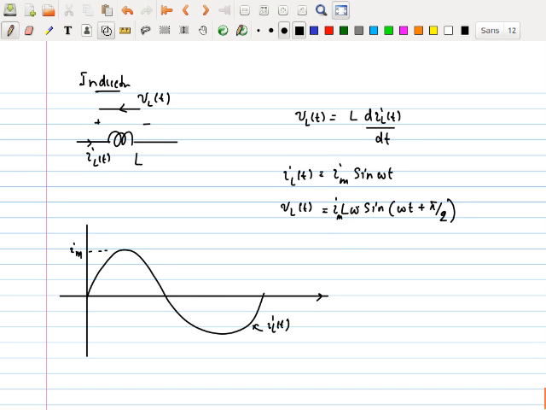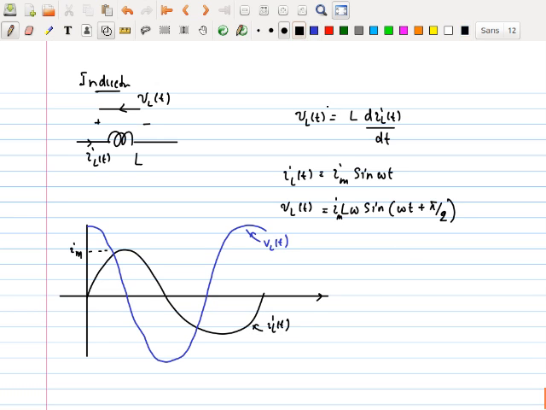Here you realize that it is multiplied by some factor, and we are hoping that this is greater than that, and this is again 90 degrees offset. So that's what it will look like. That would be VL of t.